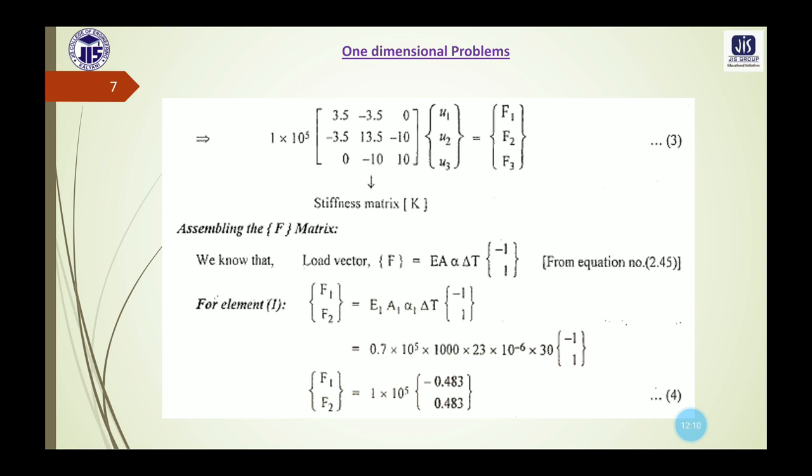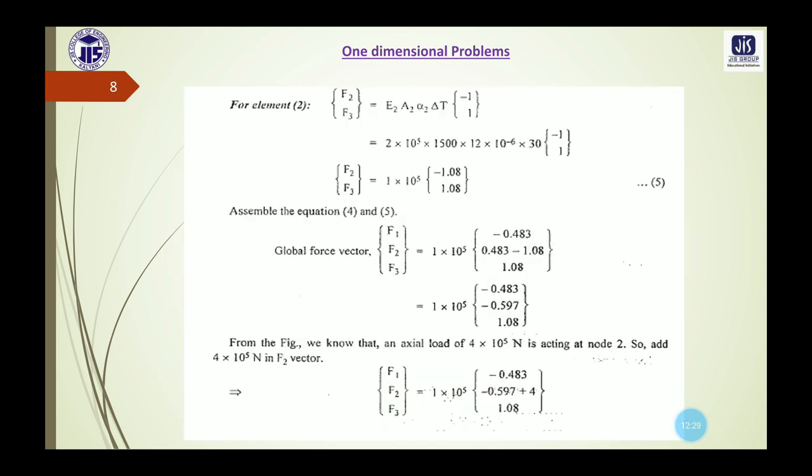Now if we write the values of the Young's modulus, the area, the coefficient of thermal expansion and the temperature for element 1, then we get equation number 4 as the load vector equation. In a similar manner we need to form the equation for element 2.